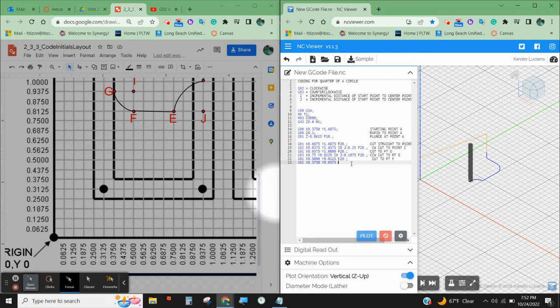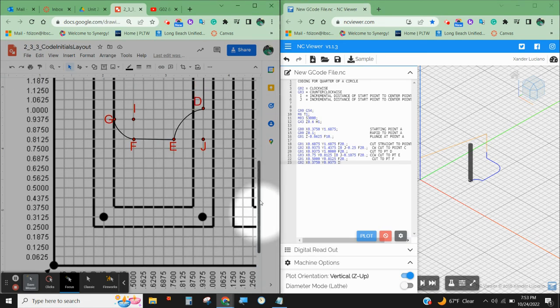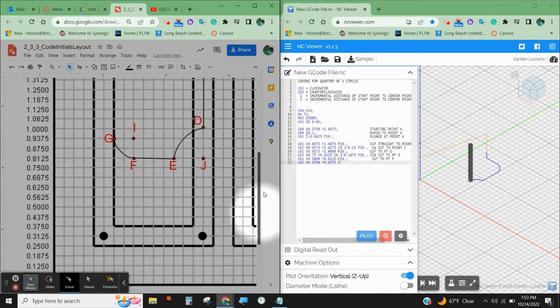Okay. And then my I, the distance of my starting point to my center, the I is 0. Okay. And then my J, it's 2 squares.